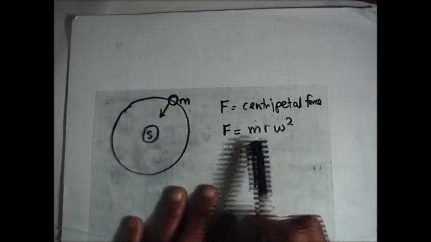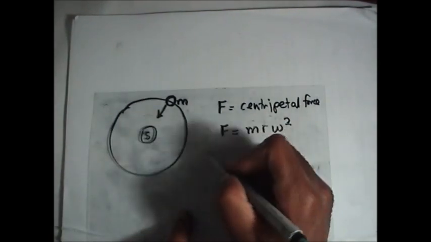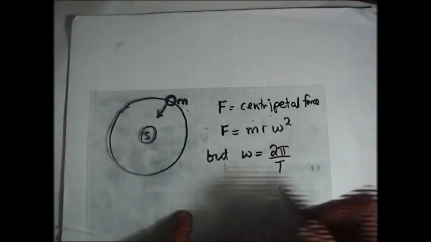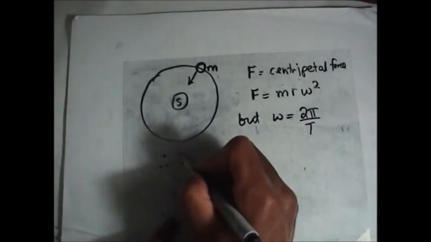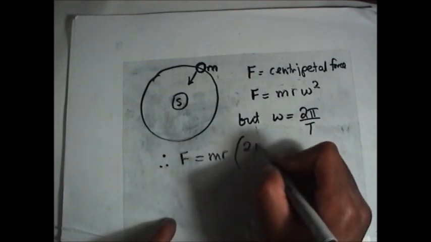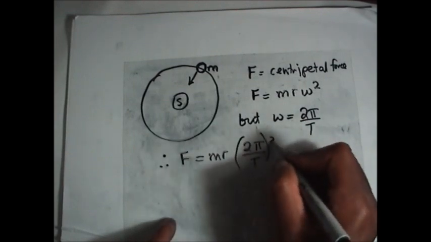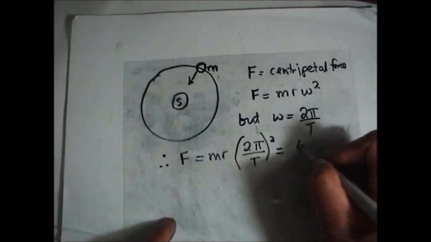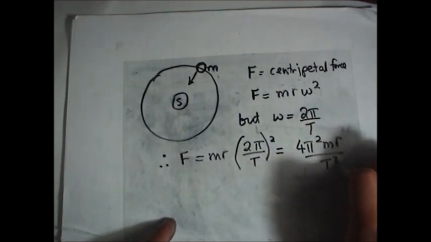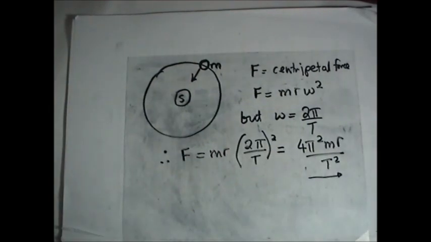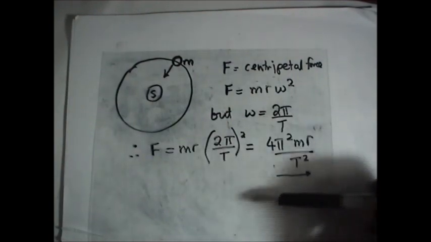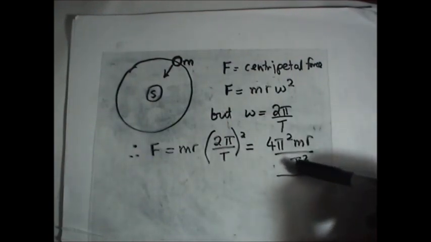But we know ω is equal to 2π over T. Therefore, this force of gravity is equal to mR(2π over T) squared, which is equal to 4π squared mR over T squared. This is just playing around with the formula, but as long as you know this and you know this, then you're fine.